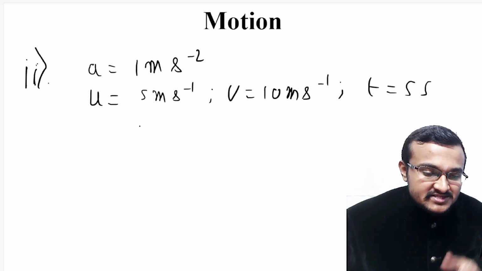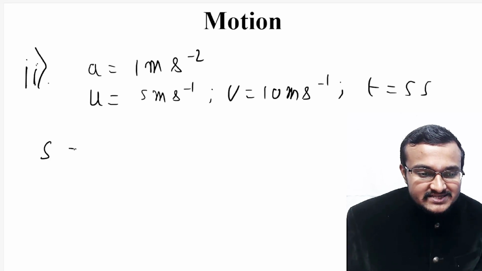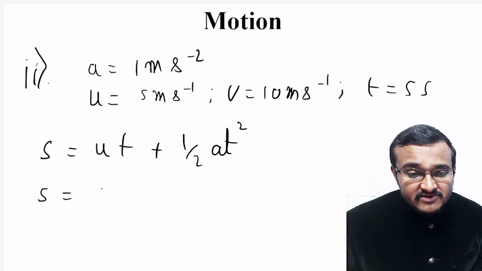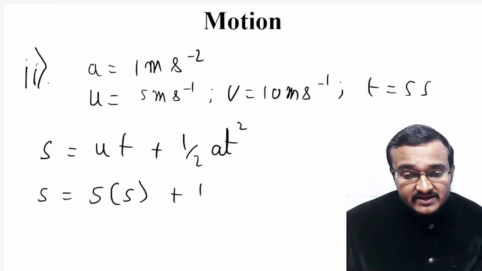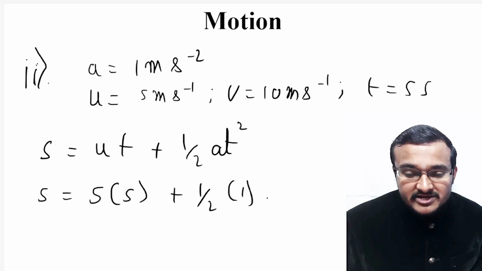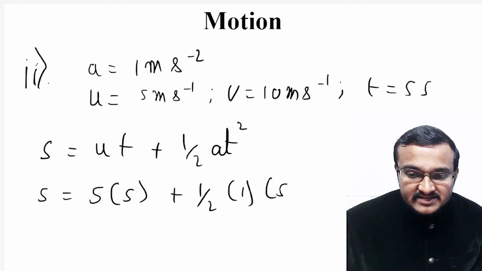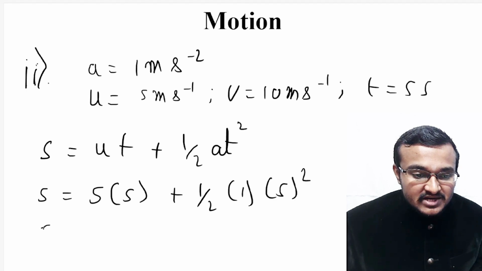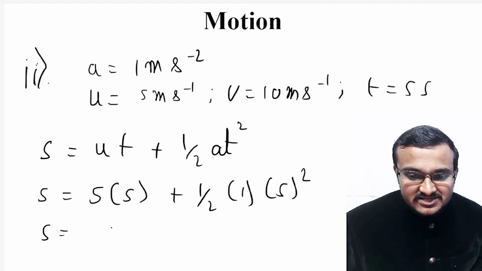So straight away you can use the second equation. s, that is the distance, is equal to ut plus half at square. Substituting u as 5: 5 into time 5 seconds, so 5 into 5, plus half into a is 1 meter per second square, and 5 square for t square.